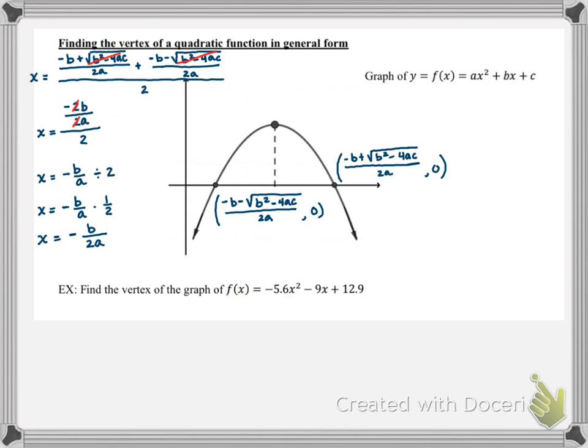So this tells us this x coordinate right here. That's the x coordinate of the vertex. It doesn't tell us the whole vertex because the vertex is a point, but it does give us the x value. So we call it the vertex formula.